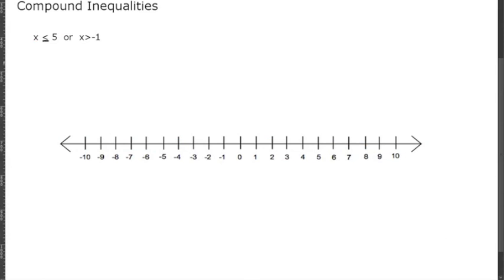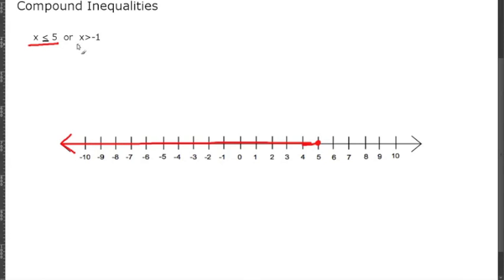For our next problem, we have x is less than or equal to 5, or x is greater than -1. Taking care of the first inequality, x is less than or equal to 5, so we're going to circle the 5 and fill it in, and we're going to shade in everything to the left.